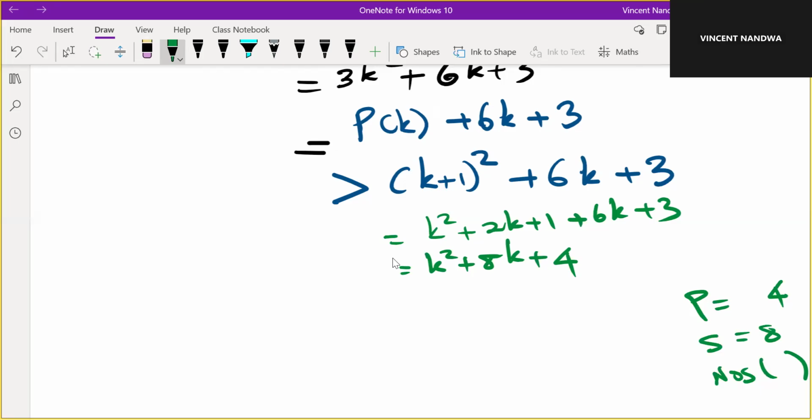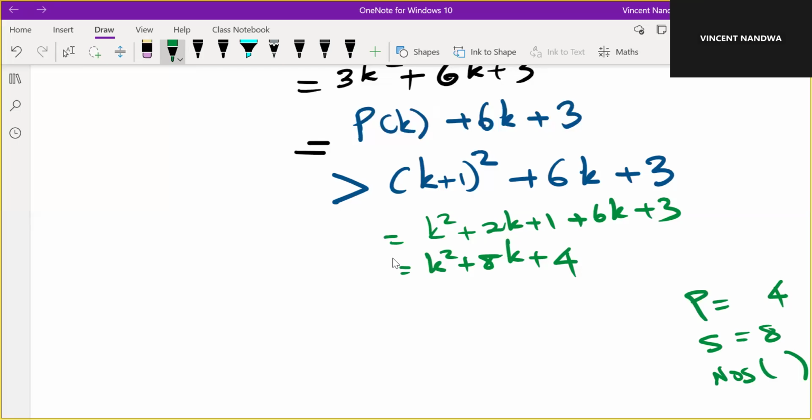Sum is 8, product is 4. Are there such numbers? You are sure? But we can force them to exist. But yes, there are no such numbers, but we can always force them.